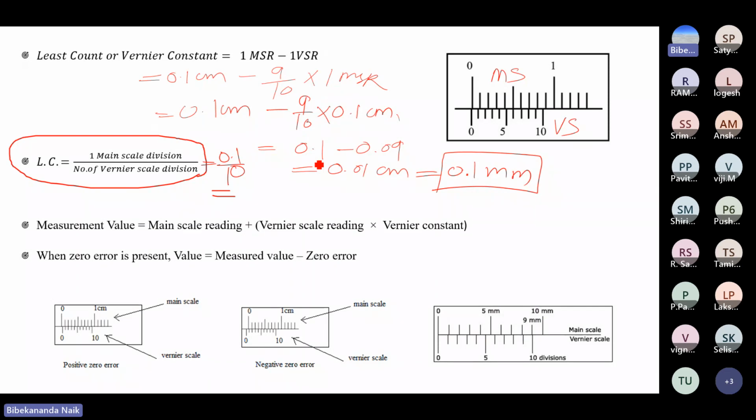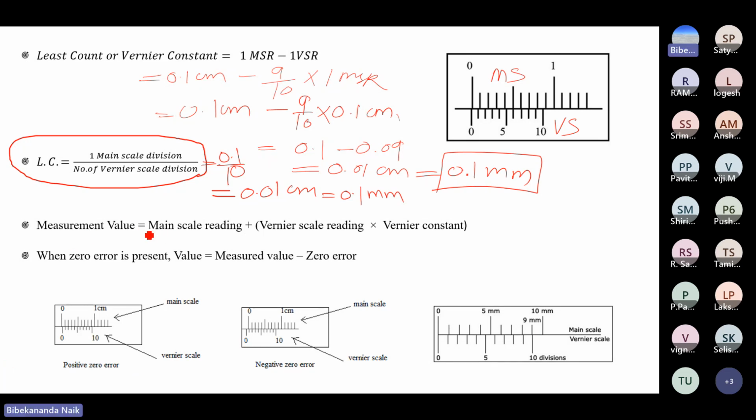So there are some other problems we will be solving, and we will be applying some other methods to measure the actual reading. Here also, it will be 0.01 centimeter or 0.1 millimeter. And how do we measure a particular thing?